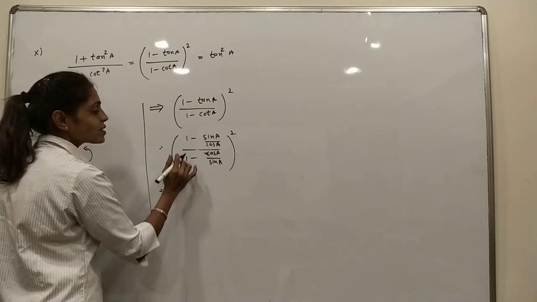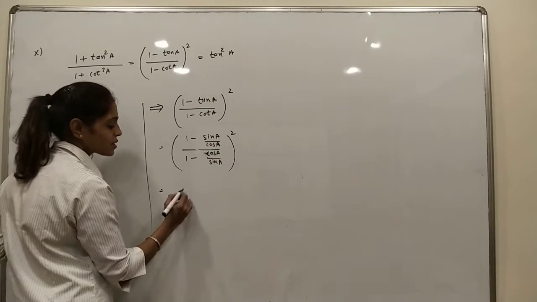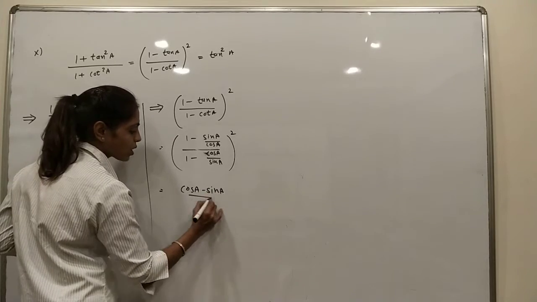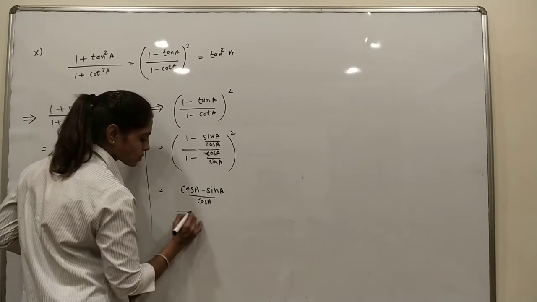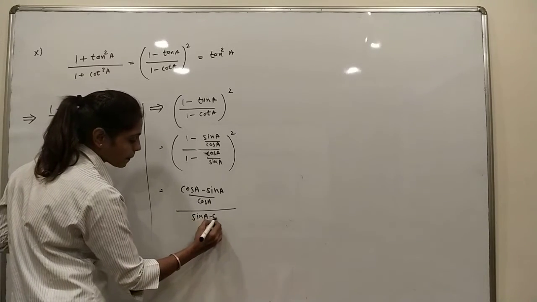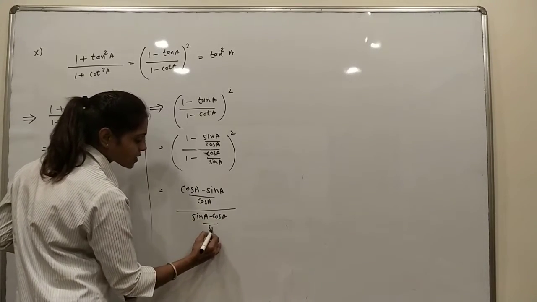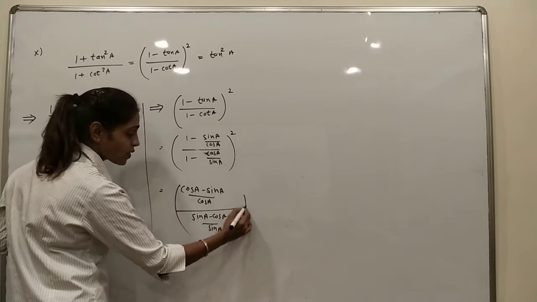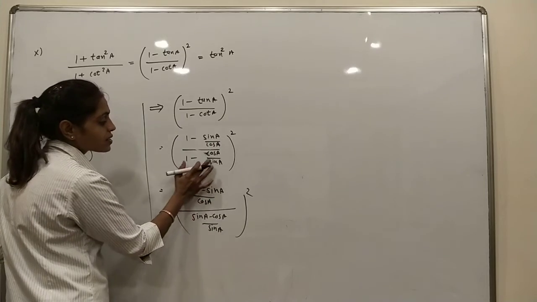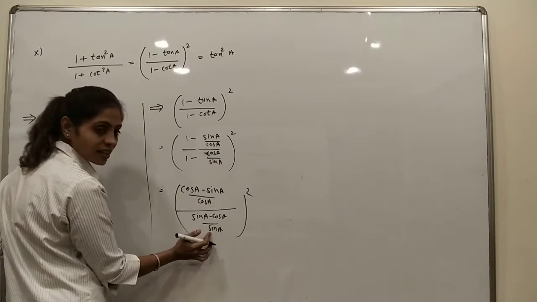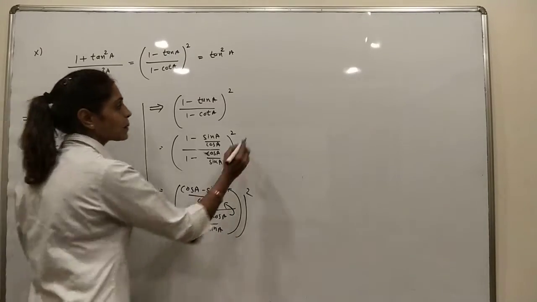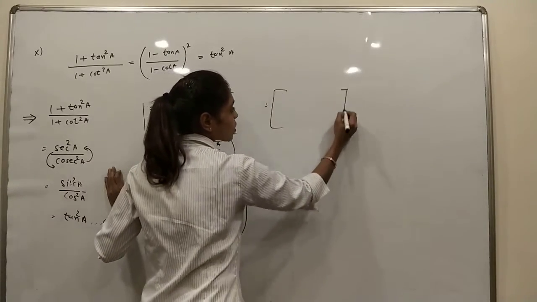Okay, now LCM: cos A minus sin A upon cos A, sin A minus cos A upon sin A is the LCM. Got it? Now the small fraction and big fraction together, and the whole square.